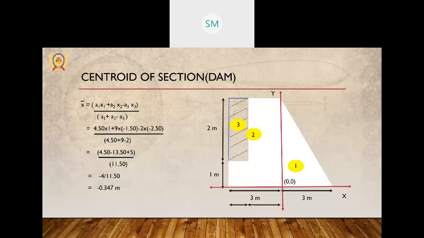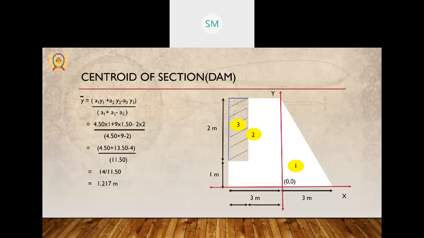So putting all the values in the formula a1x1 plus a2x2 and deduct that portion which we had covered, that is minus a3x3, divided by a1 plus a2 minus a3, it is coming out minus 0.347. It means it lies in the second quadrant. It is behind the y-axis by 0.347 meters. So come to the y bar.